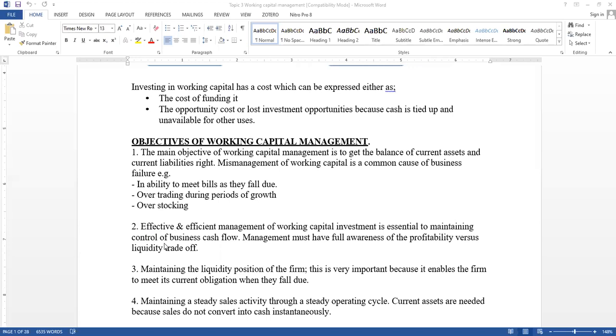What do you mean when you say overtrading during periods of growth? When I talk of overtrading, you are over expanding beyond the current market needs.